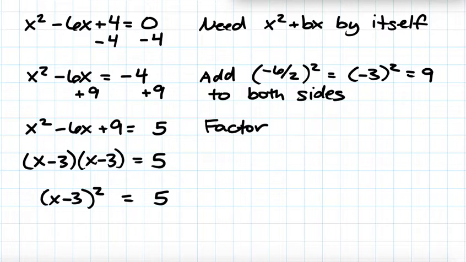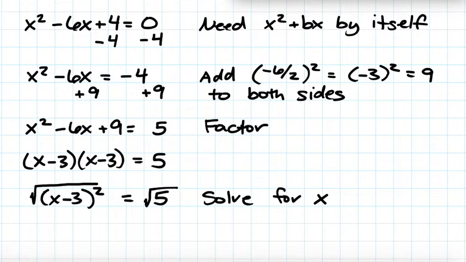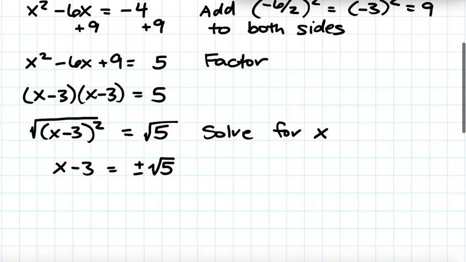Now from here, it's the same problem that we saw earlier in this section. I'm going to solve for x. To get rid of the squared, I take the square root of both sides. That's going to leave me with x minus 3 on this side. Don't forget the plus minus in front of the square root. And then the last step is to add 3 to both sides.